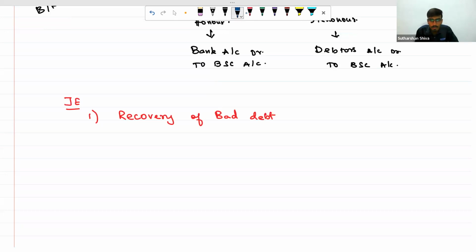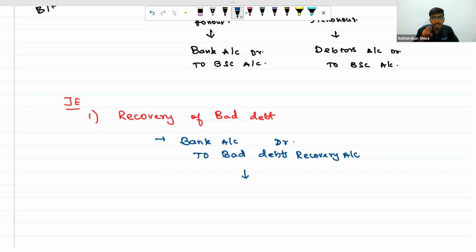The first journal entry I will pass in my books: I will receive some money, bank account debit to bad debt recovery, which is an income.